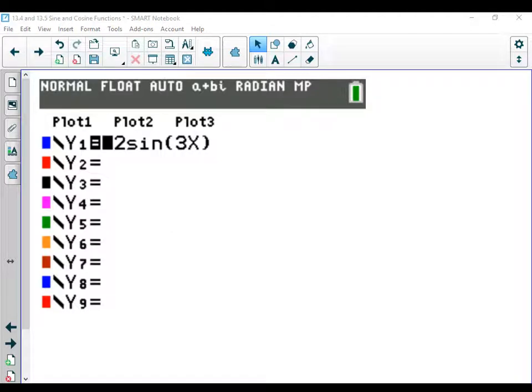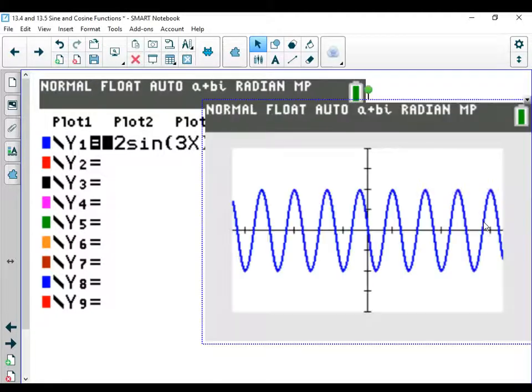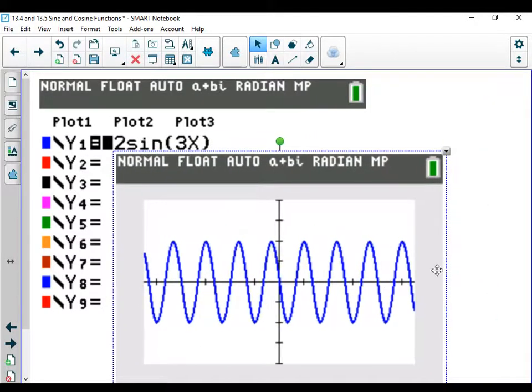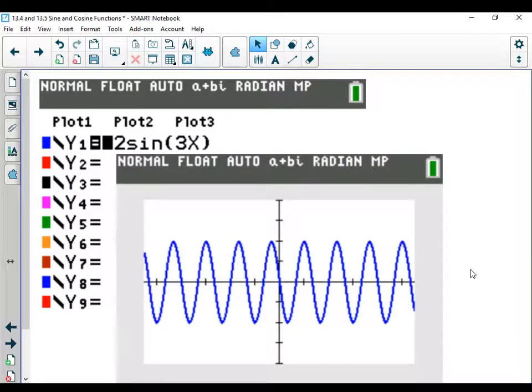You're going to hit zoom, and look how it says Z trig. We want that. So hit 7. And a graph appears. Notice, nothing is on the x-axis.